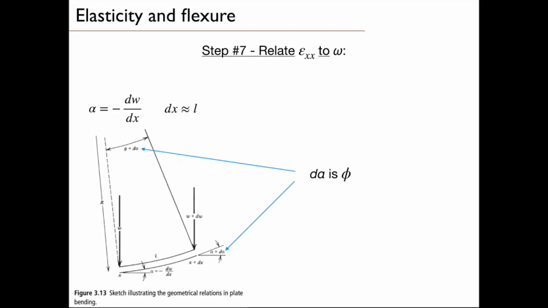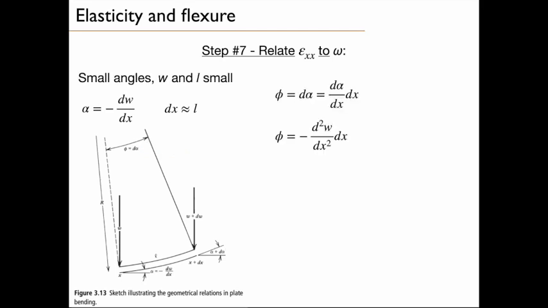Then there is this increment of the angle, d alpha, and here you can notice that d alpha is simply equal to phi, this angle here. So using small angles and the assumption that w and L are small, we can come down to these expressions. So this is what to be kept in mind. And now we have also phi, which is equal to d alpha.